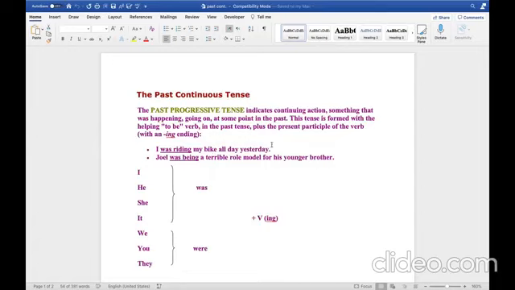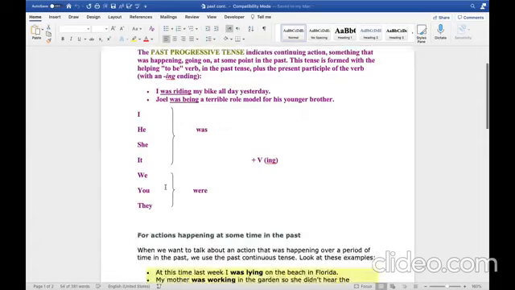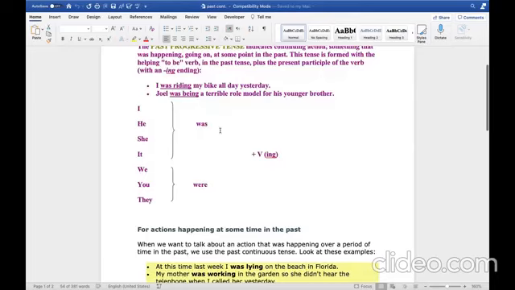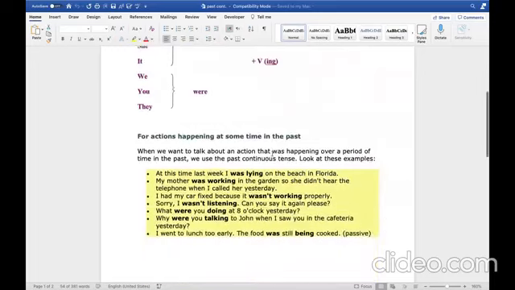So these are actions that took a specific period of time in the past. The form is was or were plus the verb ing.